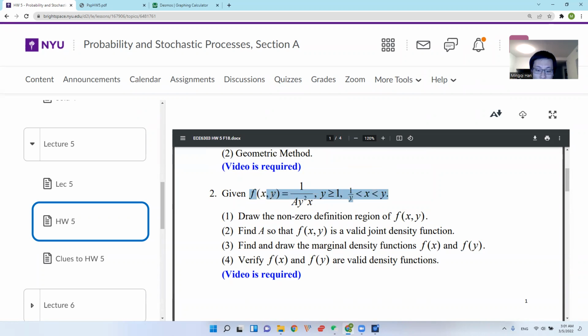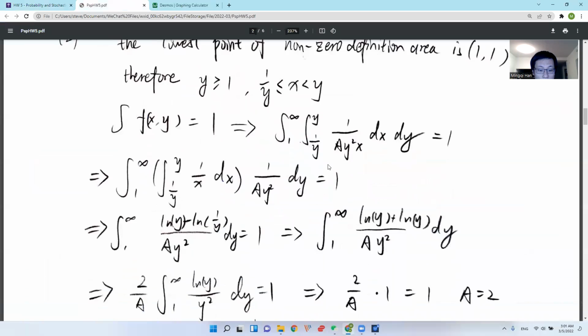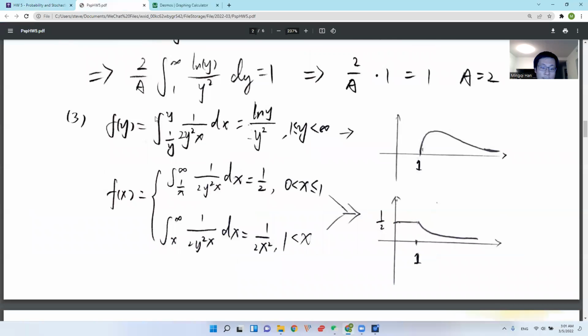We have the joint density function over here, and we want to find f_Y. What we need to do is the integration of this over dx. And for finding f_X, we do the integration over y.